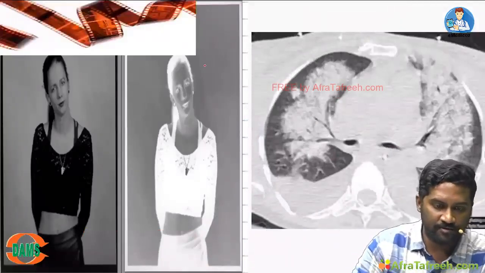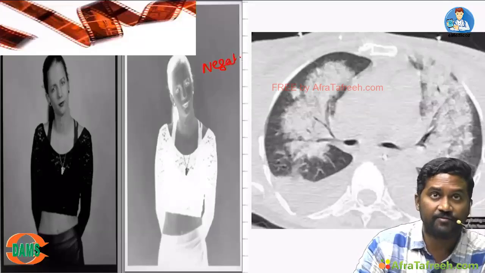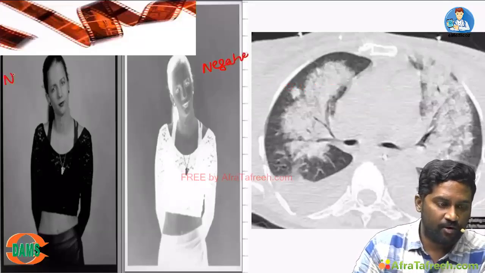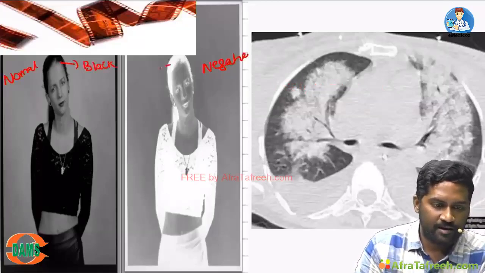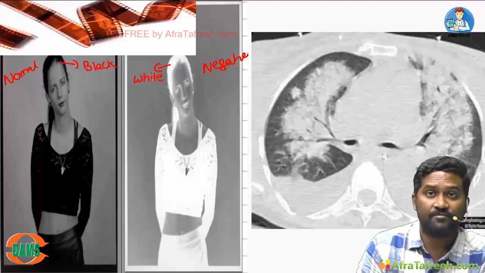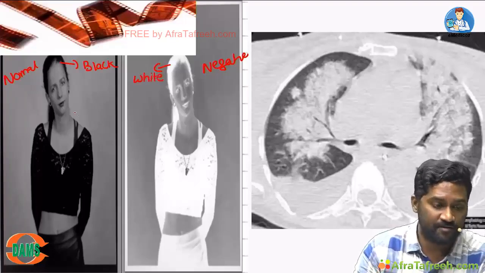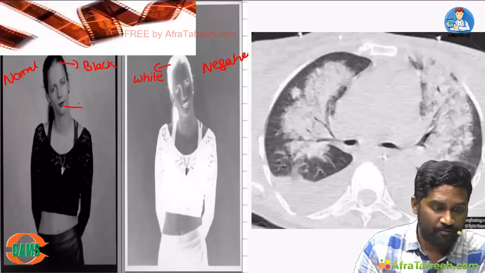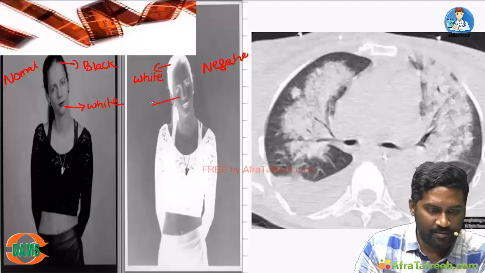In a normal image, whatever looks black, in a negative image looks white. You will see in Instagram also, people put negative filters on their photographs. Whatever appears white will appear black.